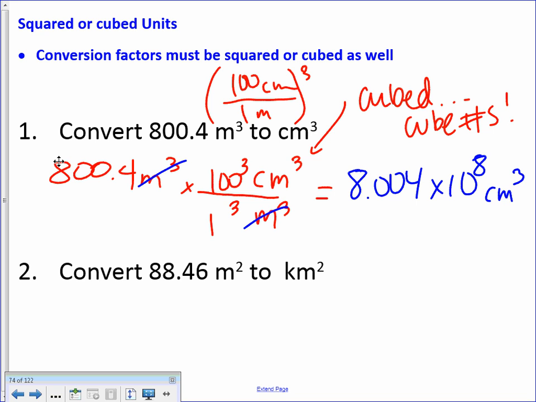You don't necessarily have to write down scientific notation. Or you could write it as 8004 with a bunch of zeros.